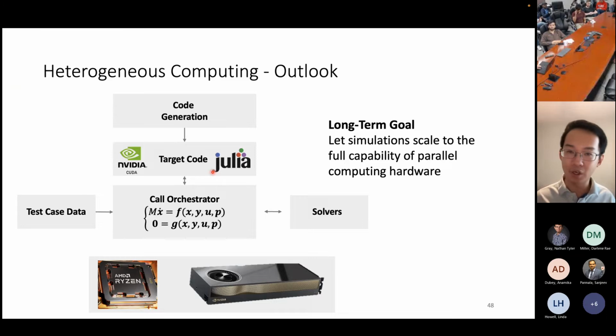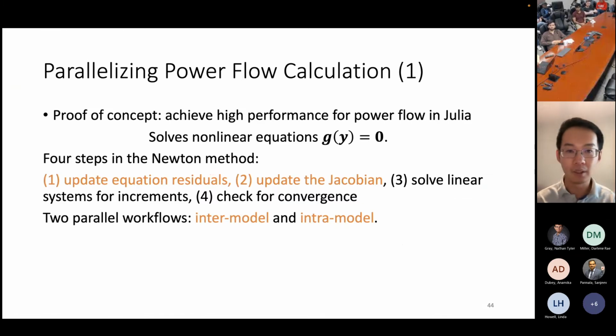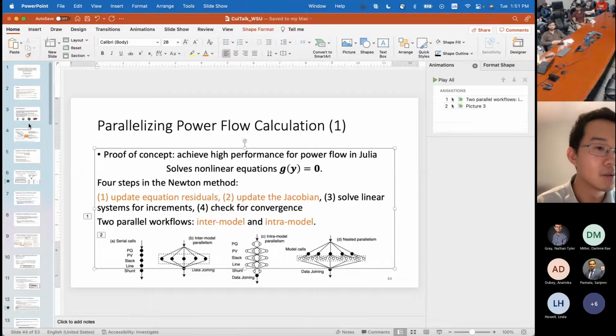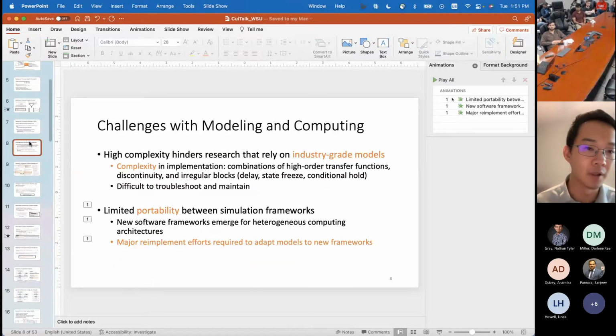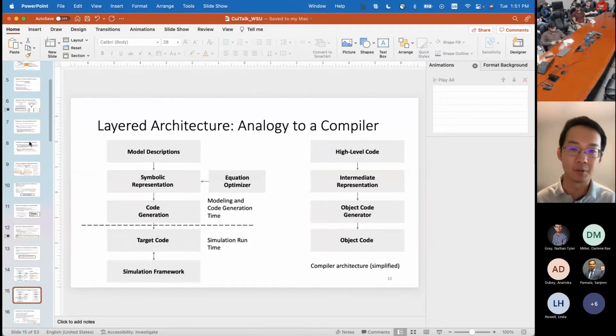So yeah, in the talk, I mostly talked about the modeling complexity. So here, let me just exit the presentation. We have solved the complexity issue to develop those industry grade models for research, right? Because we now have composable modeling.